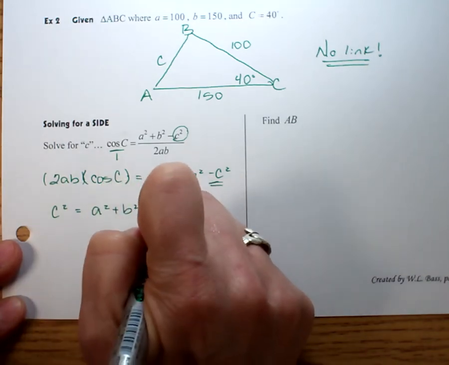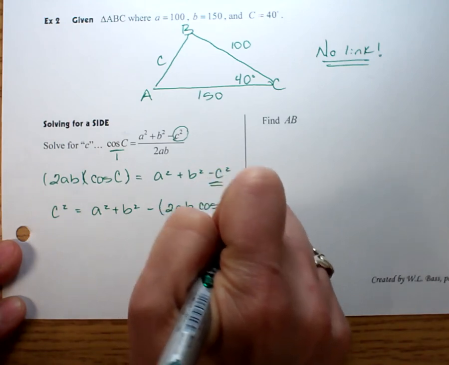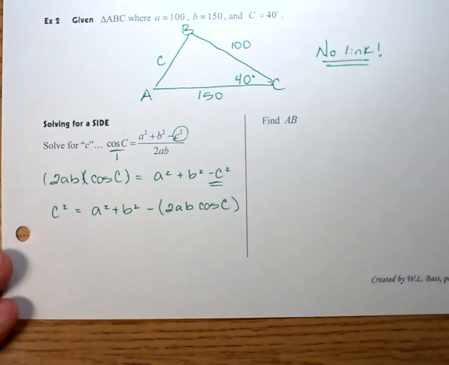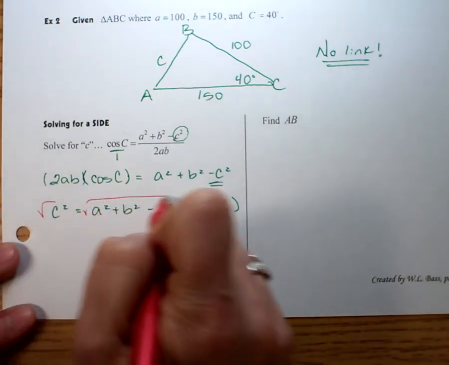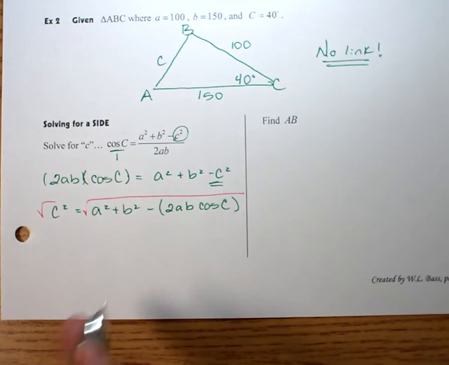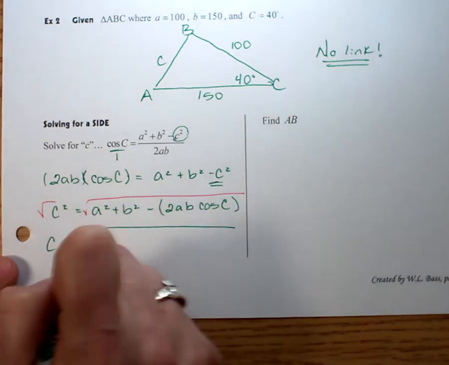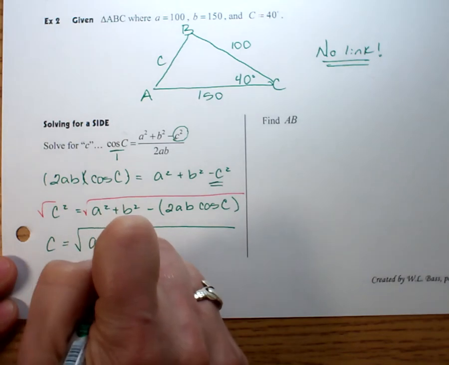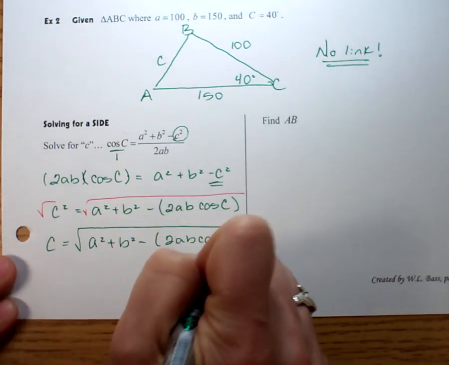I'm going to put that in one big parentheses, 2AB cosine C. Then, we're almost done. We need to take the square root of each side. So, C is equal to the square root of A squared plus B squared minus 2AB cosine C.